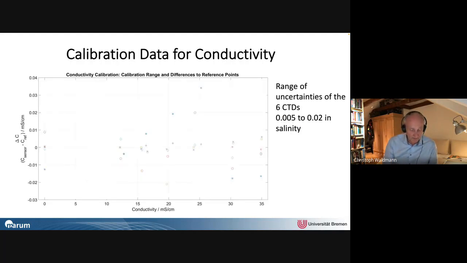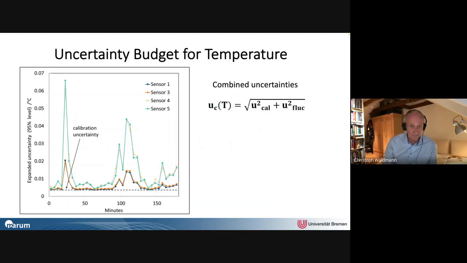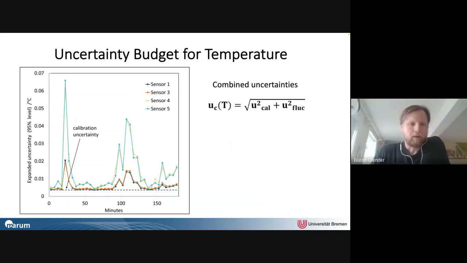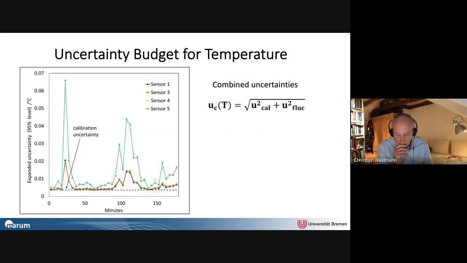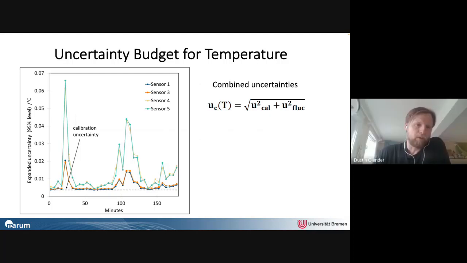Hey, Christoph, can you hear me? Oh, great. Yes. I'm just looking at that graph, and the CTDs we're getting from Seabird, for example, I think they're in the 1 to 2 millikelvin range in terms of the accuracy on the data sheet. I've always wondered what the actual uncertainty is.